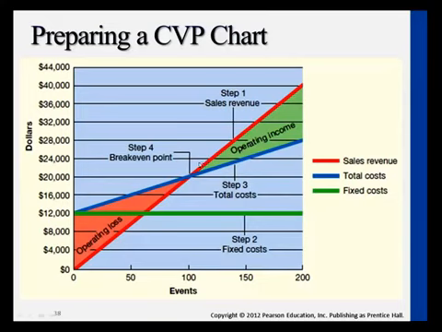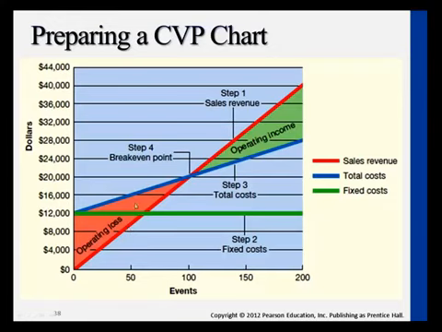So my operating income is to the right of my break-even point. My operating loss is to the left. Okay? So operating income is over your sales revenue but under your total costs. Just think about this. So if my total costs at 50 events is greater than my sales revenue at the same number of events, I'm at a loss.